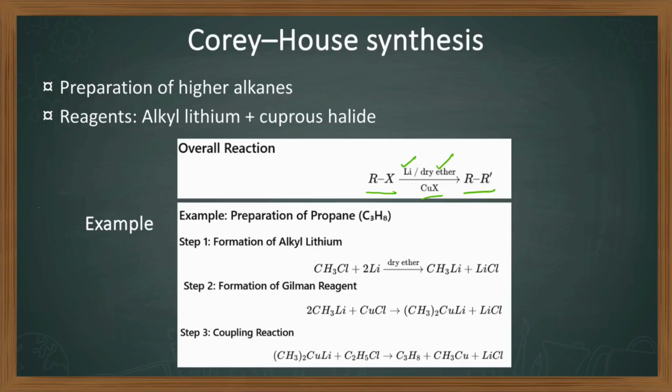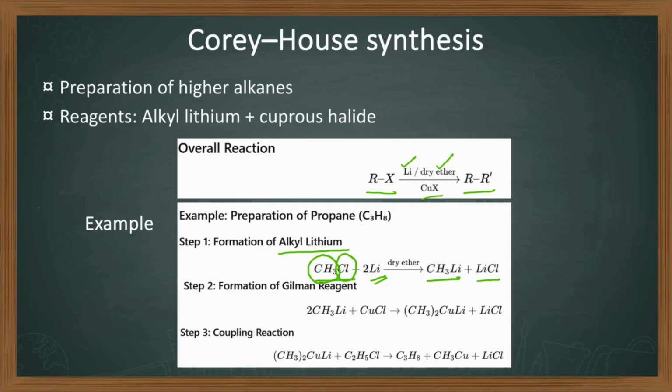We will see what is the synthetic strategy involved. The first step is the formation of alkyl lithium. Say, for example, I take methyl chloride as RX. This reacts with lithium. One lithium goes with methyl, the other lithium goes with chloride. So methyl lithium and lithium chloride will be formed in the first step.